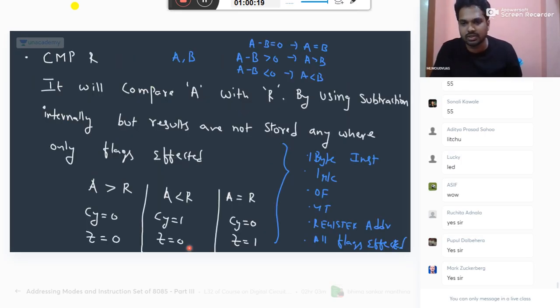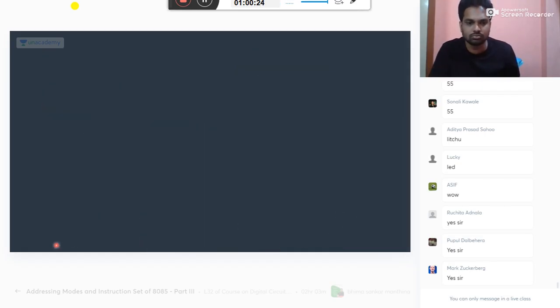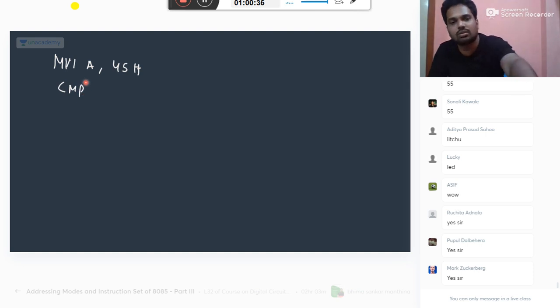Let us see. 45 is this one. 65, its 2's complement is 1001 1011.